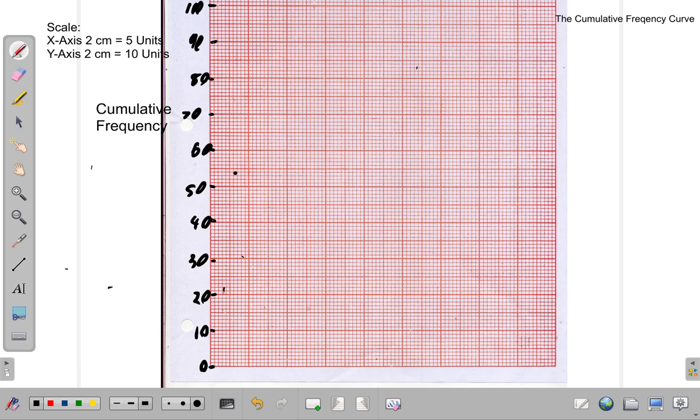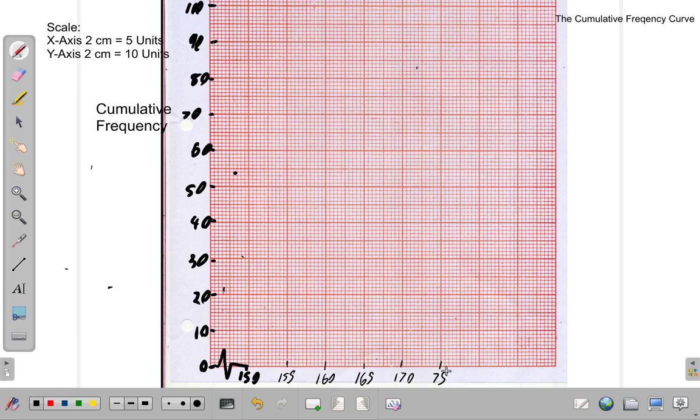Now, on the y-axis, 2 cm equals 5 units. So we skip and start our 150 here. Make the line a little thinner. 2 cm, 155, skip 2, 160, because we keep adding, we're going up by 5. This is 160, then 165, 170, 175. Okay, good.